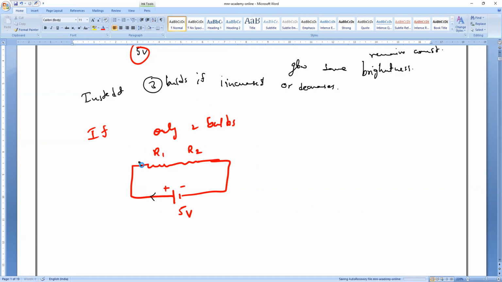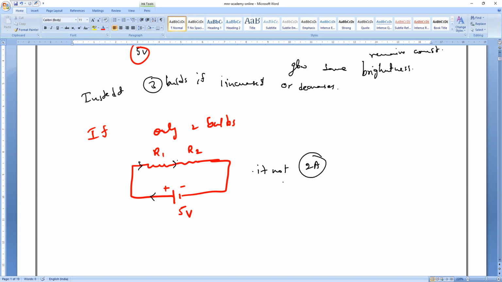Of course, current remains constant. I'm not saying that. But does that current remain 2 amperes? That is my question to you. Whatever you feel, you can say. The current remains constant, but it is not 2 amperes.